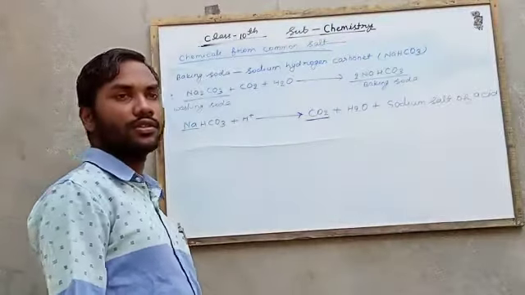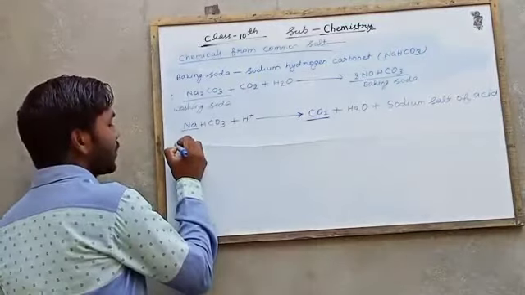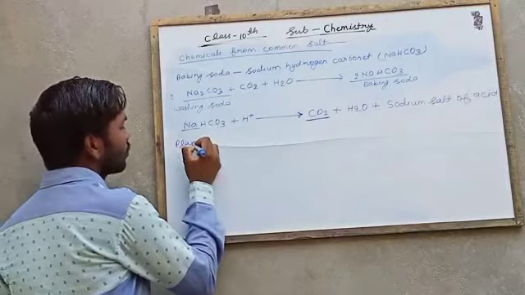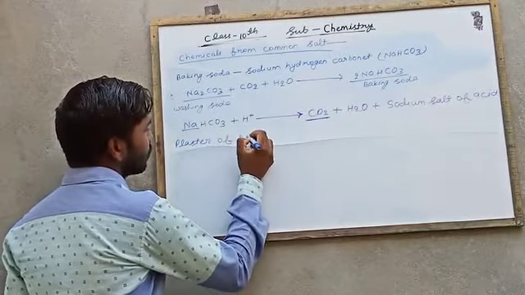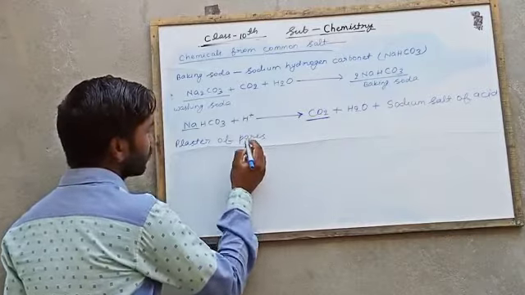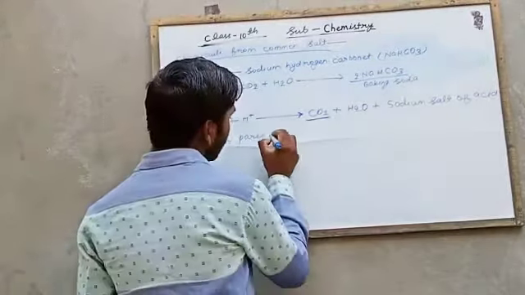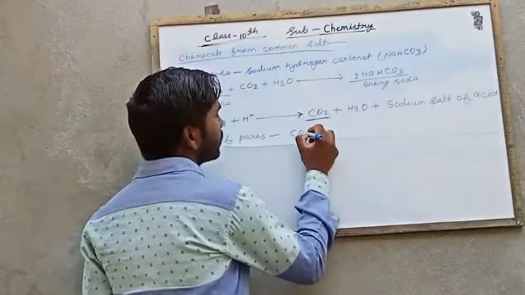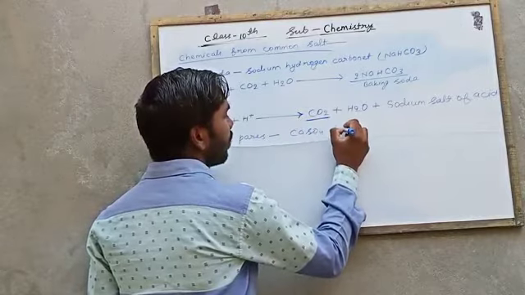After that, our next chemical is plaster of Paris. The formula is CaSO4 dot half H2O.